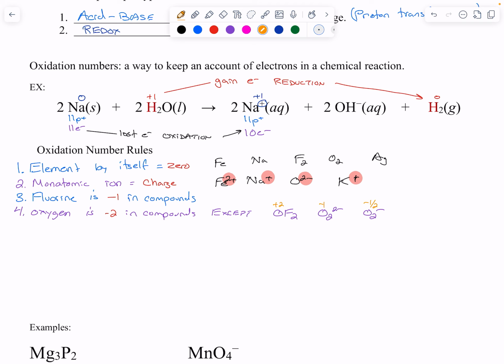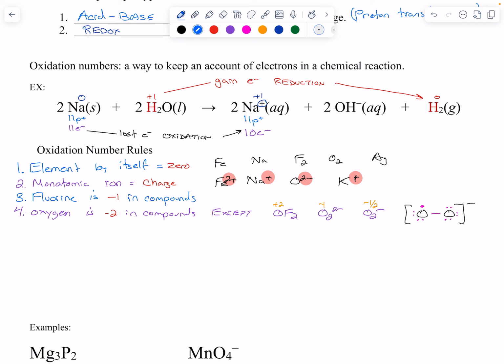How is it -1/2? Well, one of the oxygens is 0 and one of the oxygens is -1. So if we look at O2 minus superoxide, 2, 4, 6, 8, 10, 12, 13. That's in resonance, so that radical can be on either oxygen. Since it goes back and forth, we just call it -1/2.